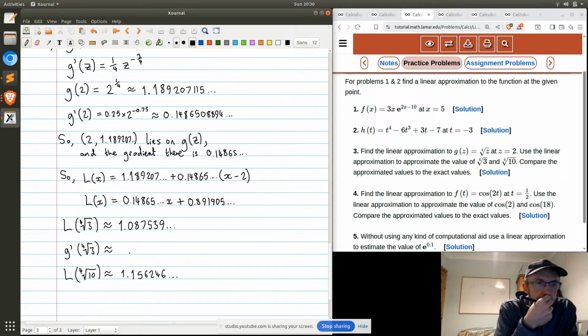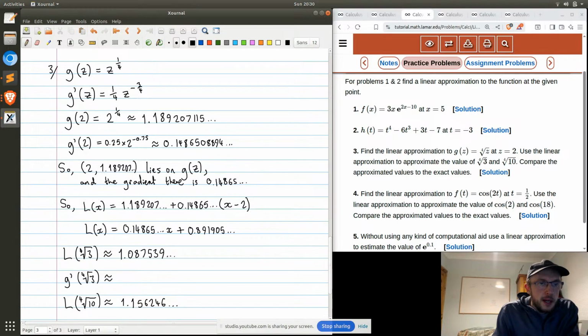Okay, so G prime of the 4th root of 3. Let's think about that. So that's 1/4 that 3 to the quarter to the negative 3/4.